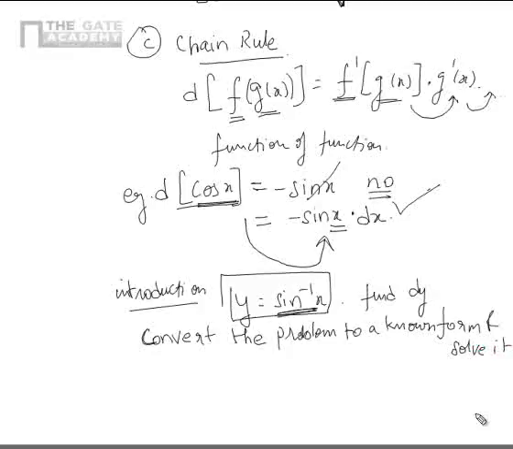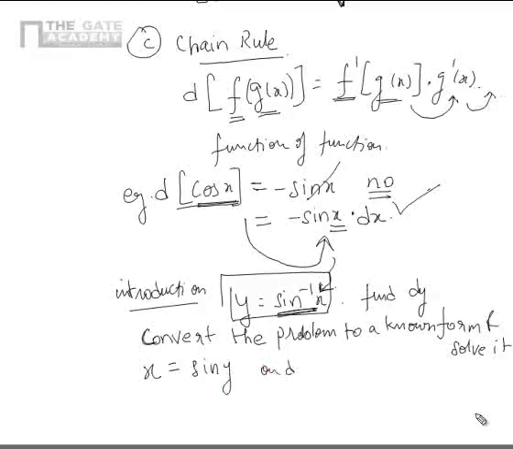Now sine inverse of x is an unknown form to me. What is known to me? Sin x is known to me. So let us convert a problem of sine inverse to a sine. How can I write this? I can remodel and write this as x is equal to sine y. Correct? Now differentiate both sides.